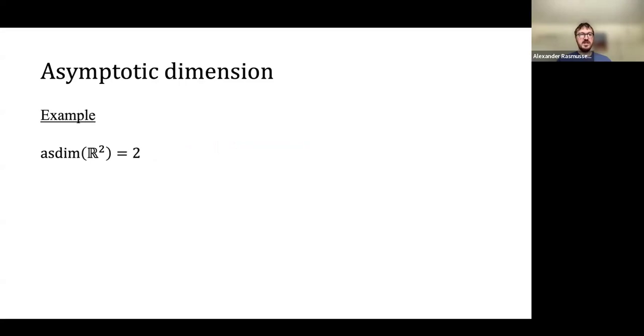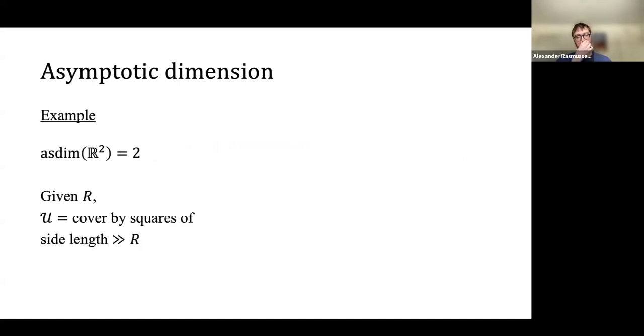Okay, so as an example, the asymptotic dimension of the Euclidean plane is what you would expect too. So let's try to show at least that the asymptotic dimension is at most 2. Going back to the definition, we need to choose some cover by bounded diameter sets such that every r ball intersects at most 3 sets.